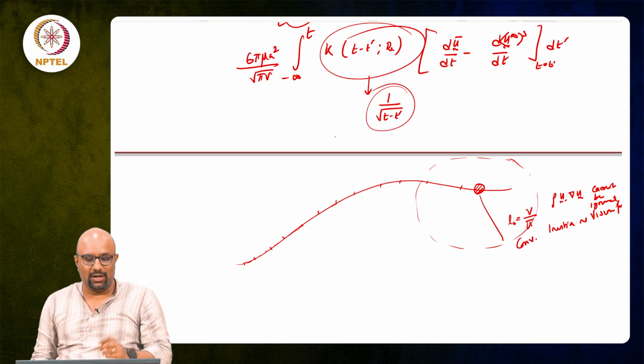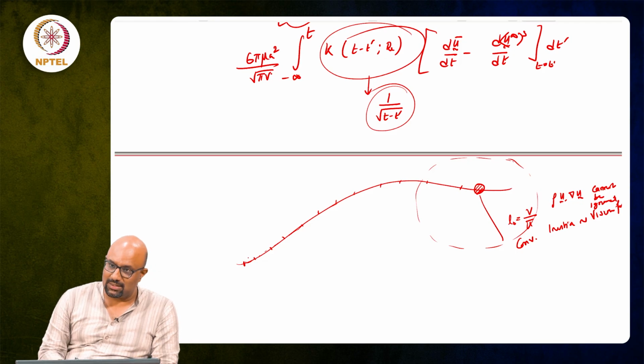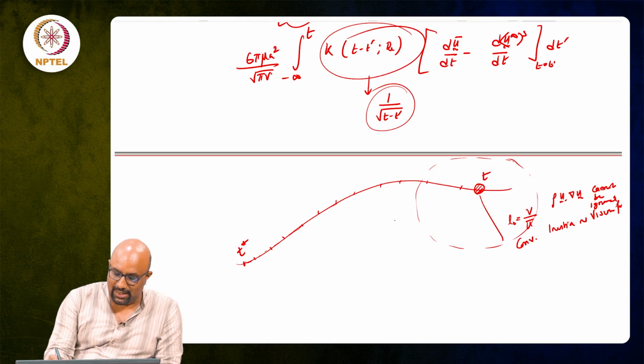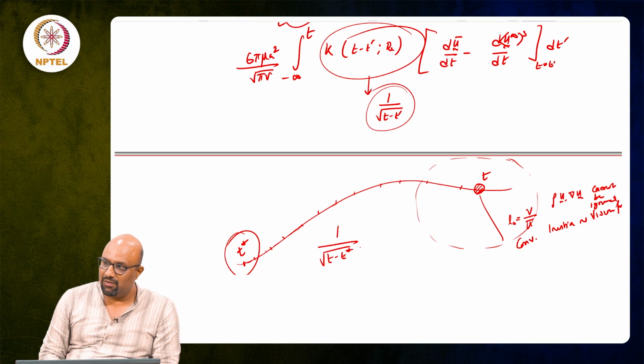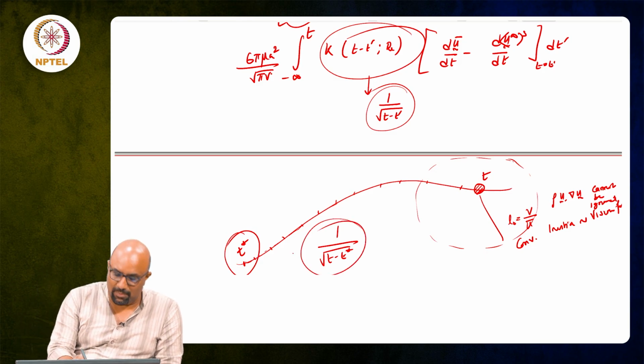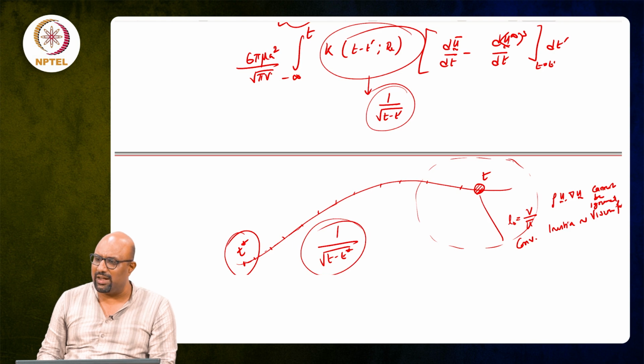If you imagine that you are at some point here in the past, and this time instant was some t star, and right now it is time t, then the weightage of this acceleration is 1 by square root of t minus t star. So, even if t star was significantly in the past, the weightage is a 1 by square root weightage, which is not a very rapidly decaying function.